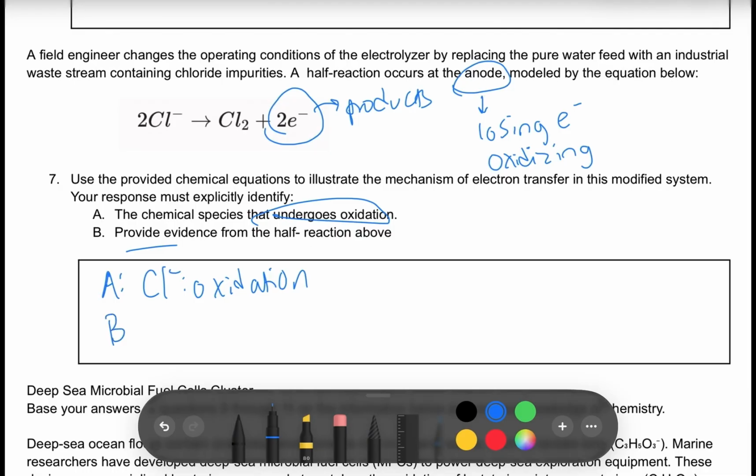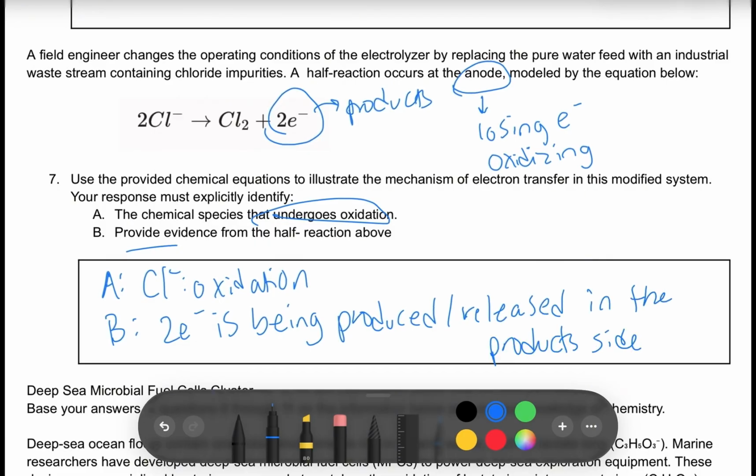To answer B, we're using evidence from the half reaction. 2e- is being produced/released on the product side. We can also tell that this is oxidation because at first on the reactant side, Cl- was negative, it had a negative charge, but then after, on the product side, it was no longer negative. So it obviously lost an electron, it lost that negativity.